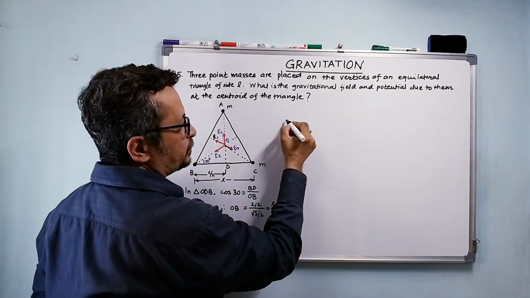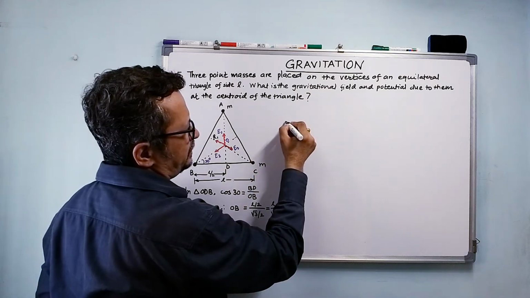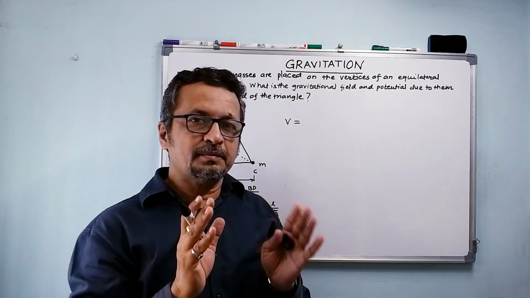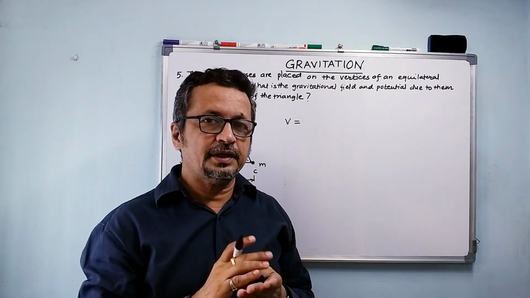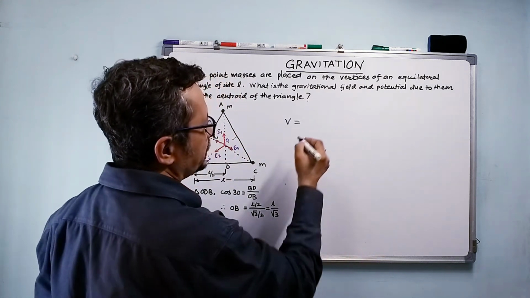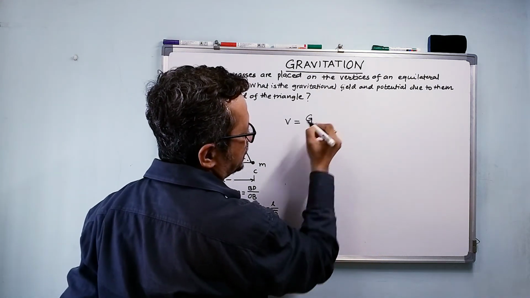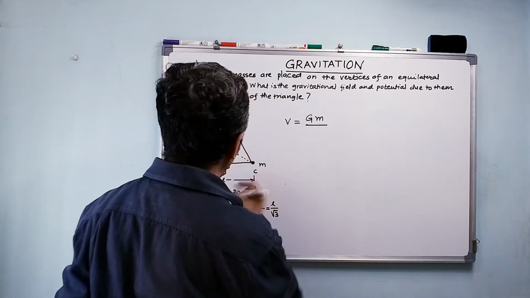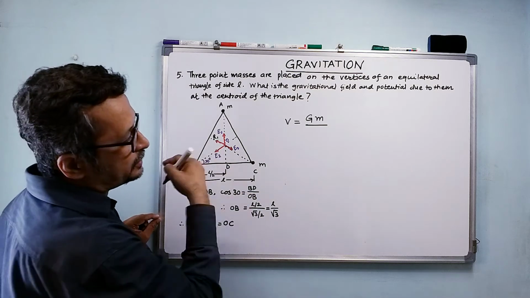Now what is my gravitational potential? Let us call it V here, and that V is equal to, do you remember the formula for electric potential? It is K into Q upon R, correct? So here it is going to be equal to G into M divided by OA, OB and OC, correct?